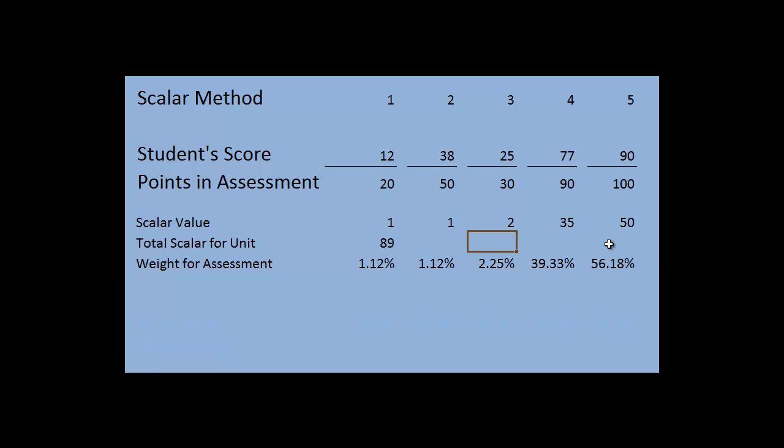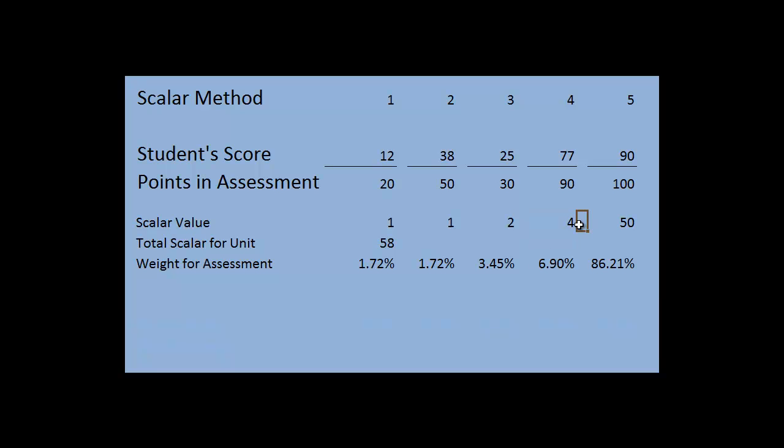And again, these assignments here, 4 and 5, are taking on an increased amount of weight because the total scale value of those assignments is a very large proportion of the total scale value for all of the assignments within this folder. So again, just thinking in terms of relativity, I might say that the fourth assignment was worth 4 times as much as assignments 1 or 2 and 2 times as much as assignment 3.